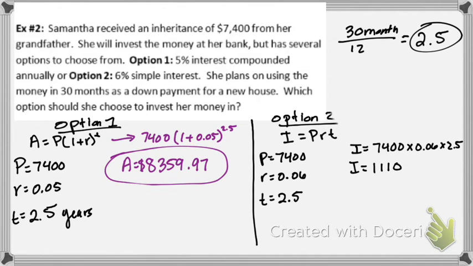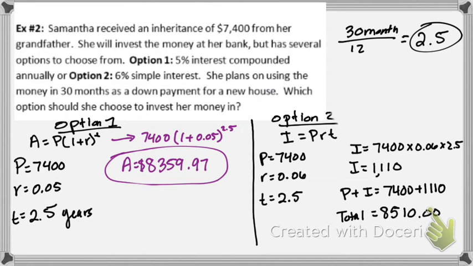1,110, but that's not how much it's going to grow, right? That's just the interest. So we need to do our P plus our I, which is 7,400 plus 1,110, and our total, let's add those two together. We get $8,510.00.